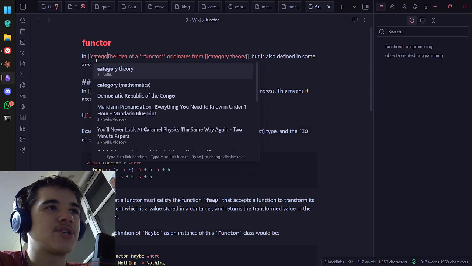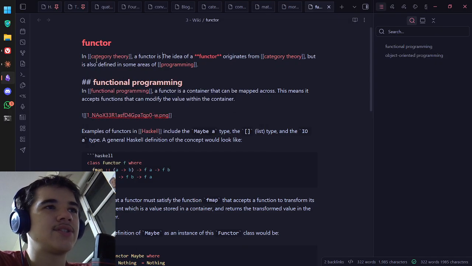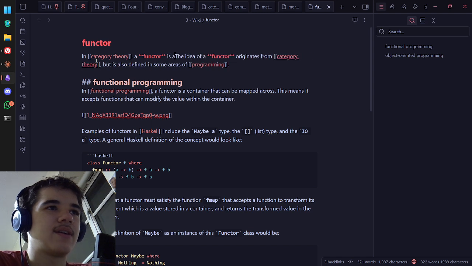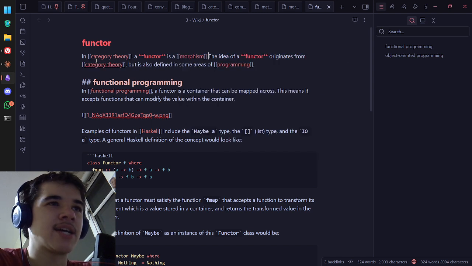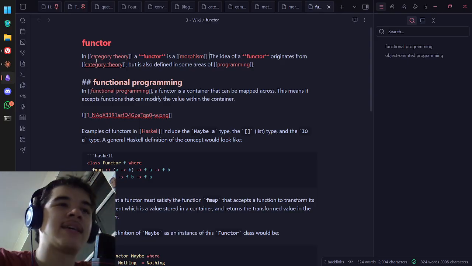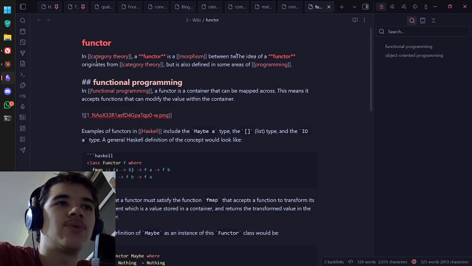So in category theory, a functor is a morphism, and now I can use this word because I actually understand what it means. A morphism between two categories.